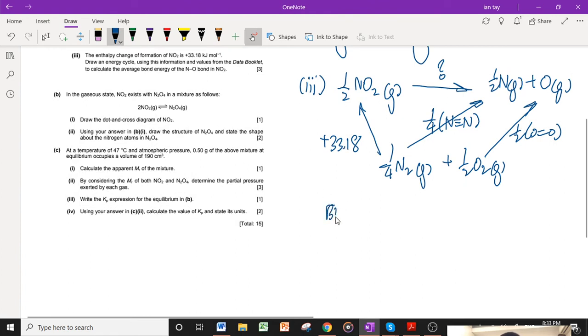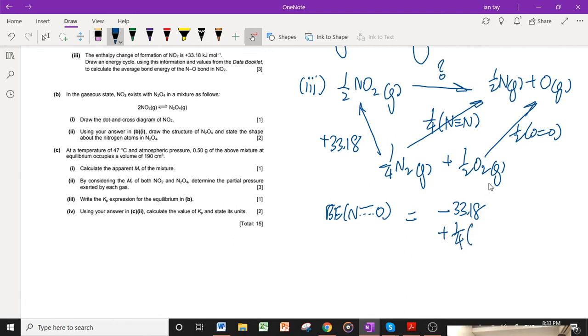The bond energy of the NO bond will be equal to minus 33.18 plus 1/4 times the NN triple bond strength, which, let me flip open my data booklet for a moment, would be 944 kilojoules per mole, and then half a mole of OO double bonds being broken, which is 496 kilojoules per mole. Over here we see the extremely strong NN triple bond, which in fact even puzzled the Nobel laureate Linus Pauling.